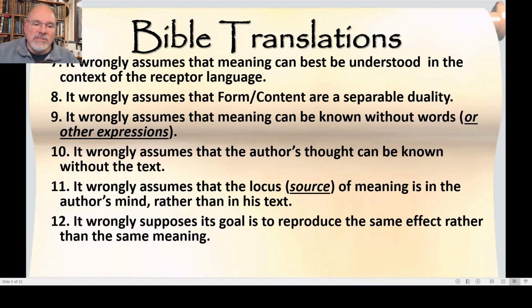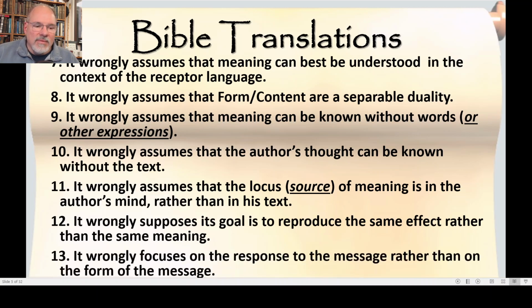It wrongly assumes its goal is to reproduce the same effect rather than the same meaning. Obviously, you can't produce an effect in a reader that you think that the reader is supposed to have. You can only give the reader the meaning, and whatever the effect is going to be, the effect. And it wrongly focuses on the response to the message rather than on the form of the message. Paraphrases, the people that do them are overly concerned with how the person's going to respond.